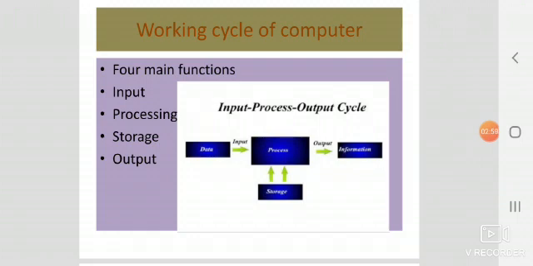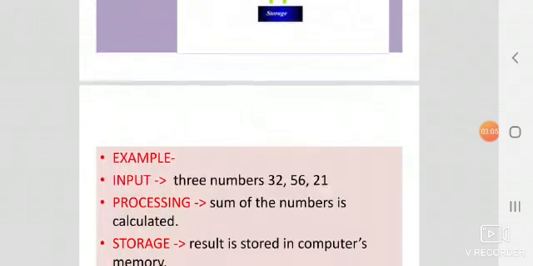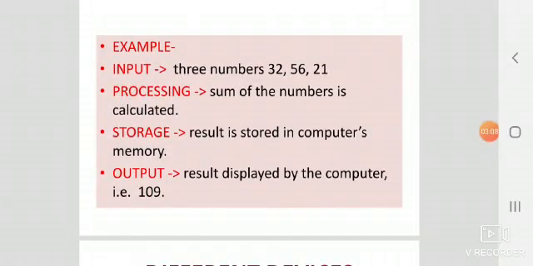Now, let's understand this working of the computer with an example. Suppose we want to add 3 numbers, say 32, 56 and 21. We'll enter these numbers into the computer. They become the input. The computer then adds them as per our instructions.